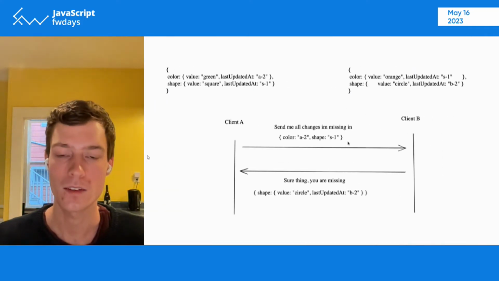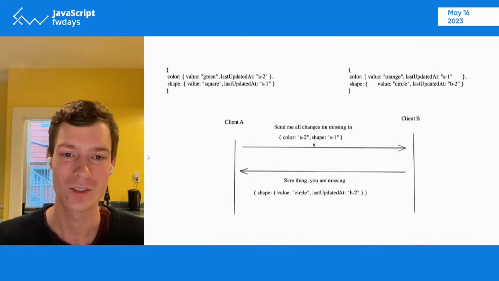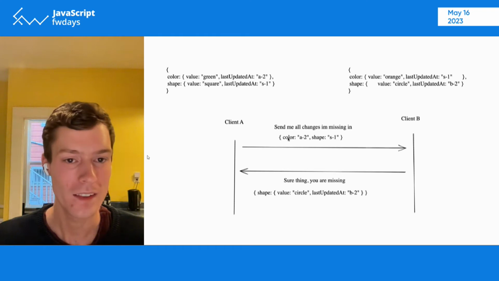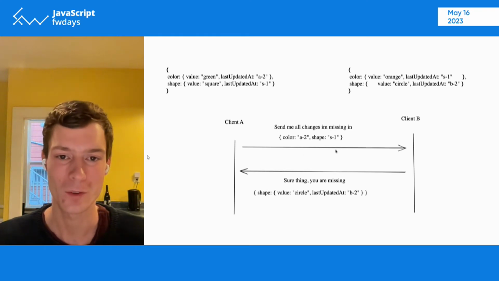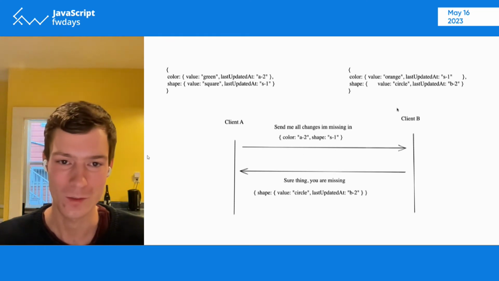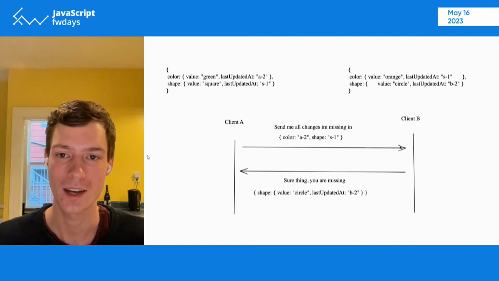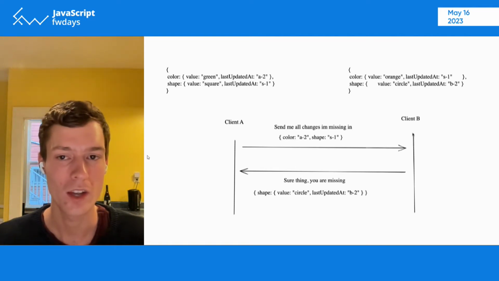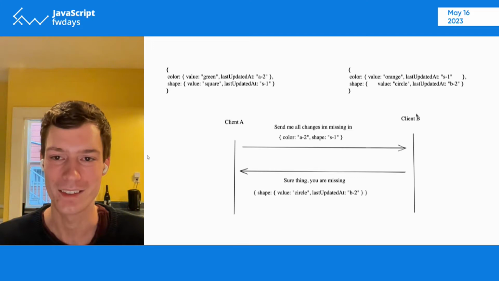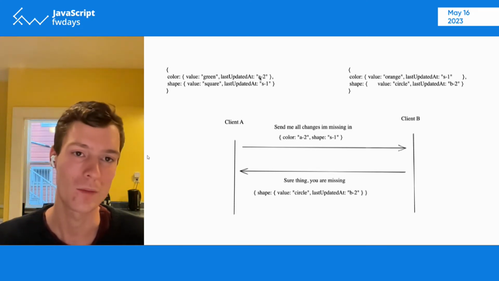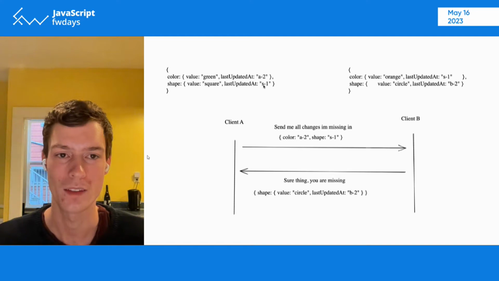Because in this case, what you can do is have the client send its current state, or you just send the timestamps and ask the client, hey, what did change since those timestamps on your side? In this case, the state that we sent over is the state from the example, which is A1 and S2.